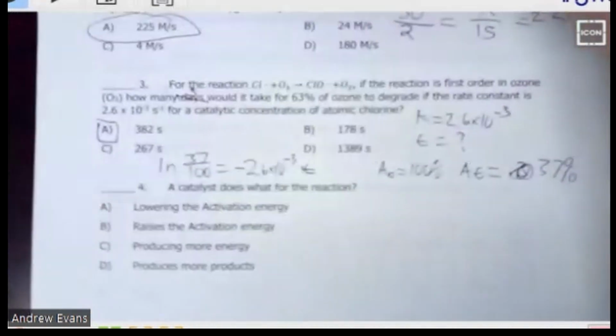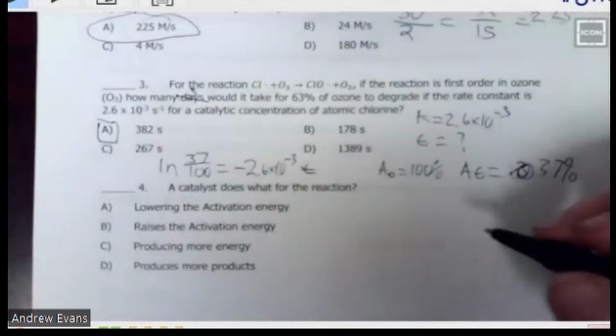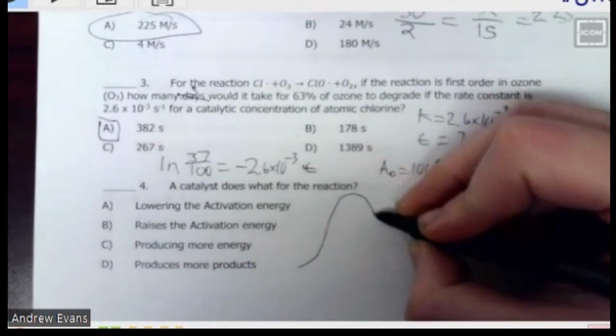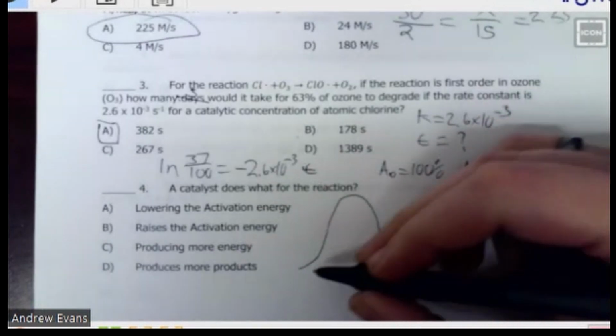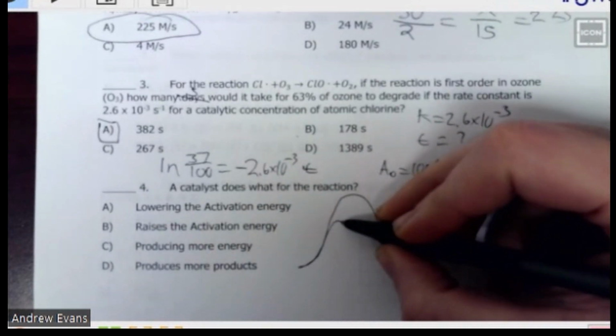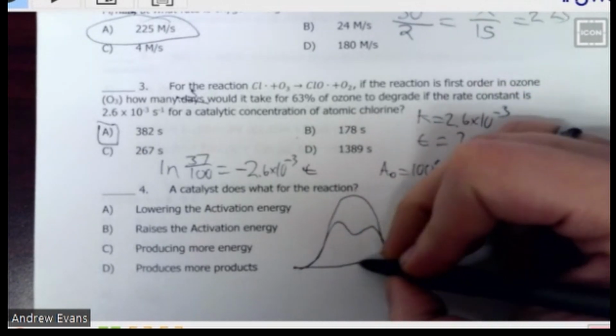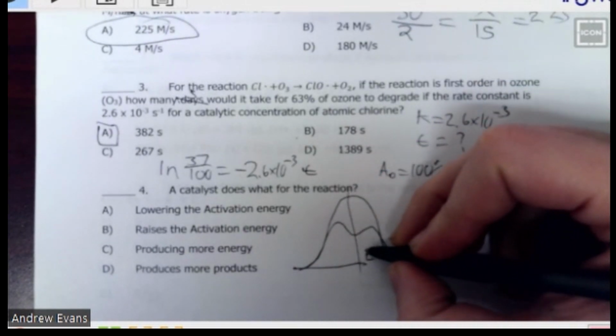Now this one should not have been hard. What does a catalyst do for a reaction? The idea is this is your standard mechanism uncatalyzed. What does it do? It lowers the activation energy. The activation energy is the difference right there.